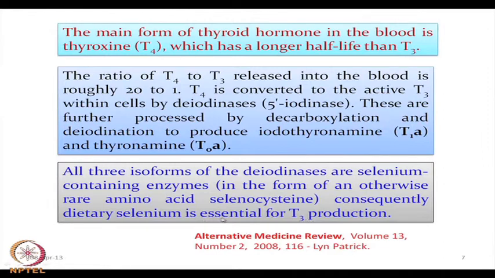So, at this point we can say why selenium as well as iodine is important for the treatment of goiter, because a lesser amount of T4 will lead to a lesser amount of T3 production, since in this deiodination reaction T4 is directly converted to T3, and that T3 is responsible for our metabolic reactions.